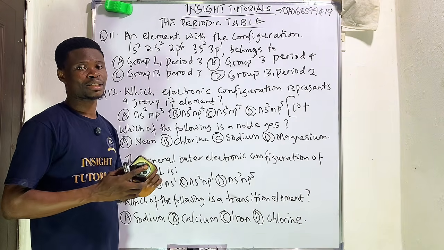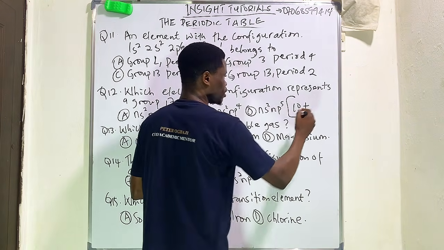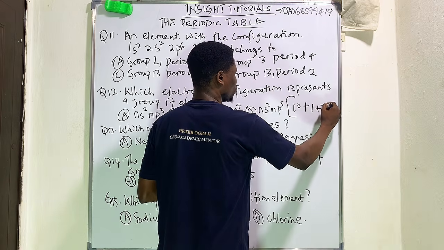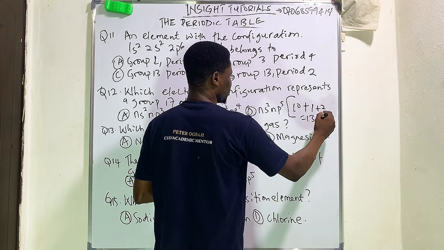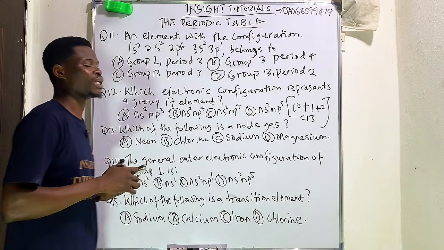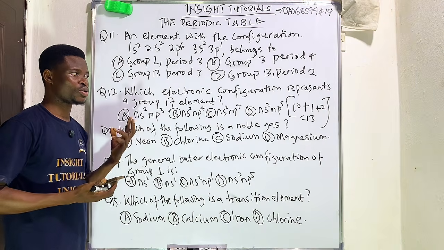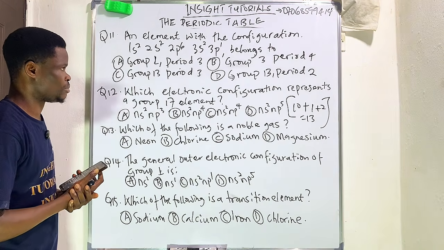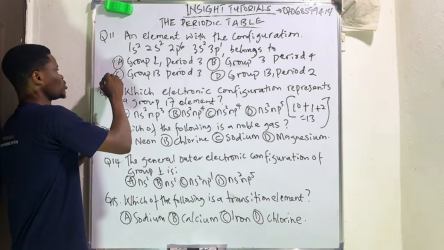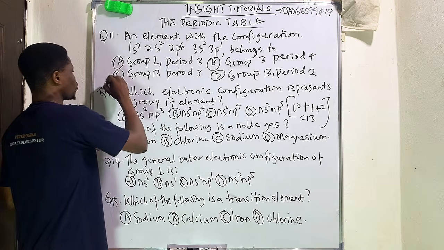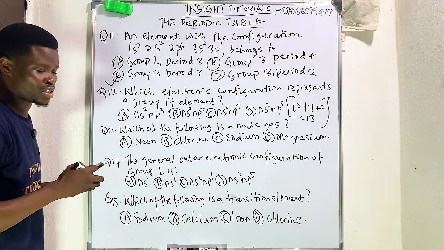It's 2 and 1, and we add them to 10. If you add 1 plus 2 plus 10, it is 13. So this particular element is a period 3, group 13 element, making option C the correct answer.